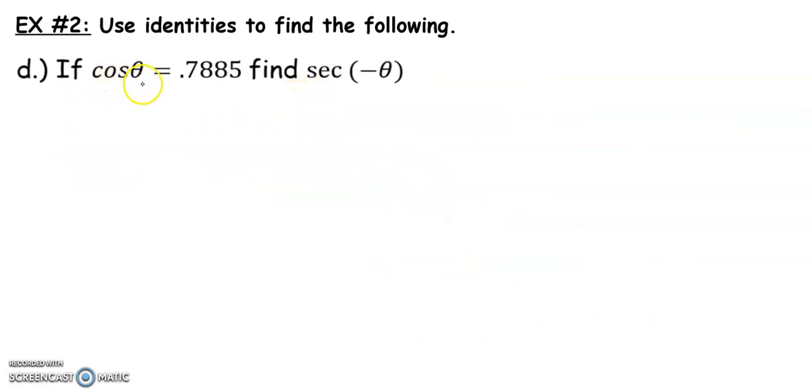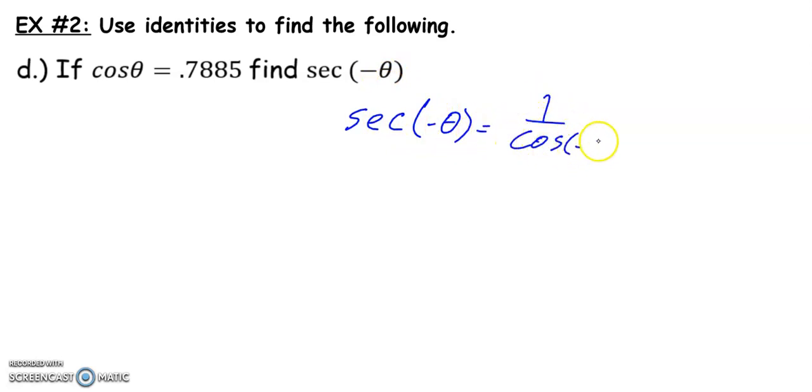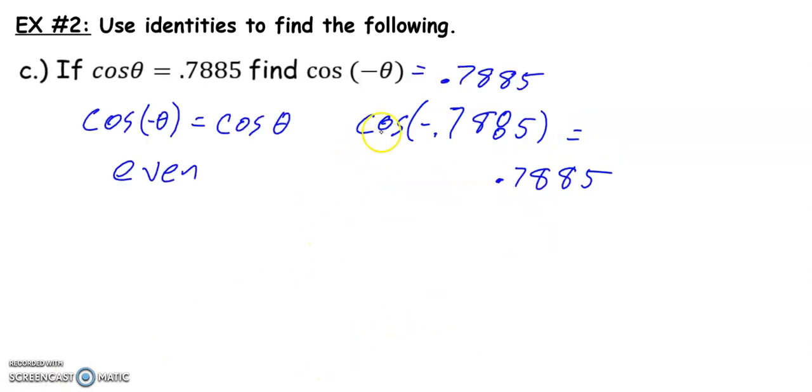So again, we know what cosine of theta is. Cosine of theta is 0.7885. Let's find the secant of theta. Well, how do we find the secant of negative theta? Secant is 1 over cosine. We already said earlier, we know what cosine of negative theta is.